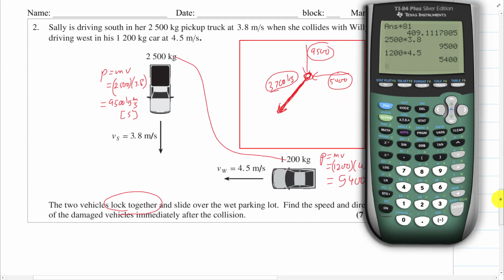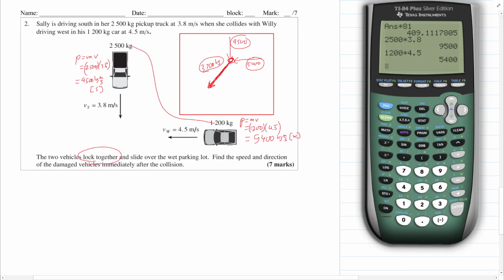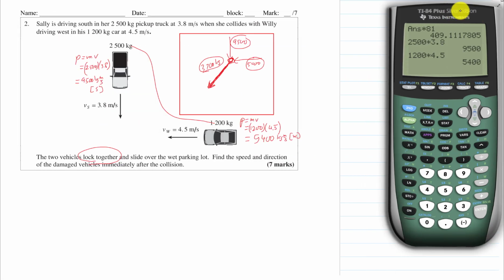So let's zoom off of this a bit, back off to like 150, so I have a bit of room without losing all the data. So it's going to have 5,400 this way and 9,500 this way. Heavier truck going slower, but much heavier, more than twice as much.